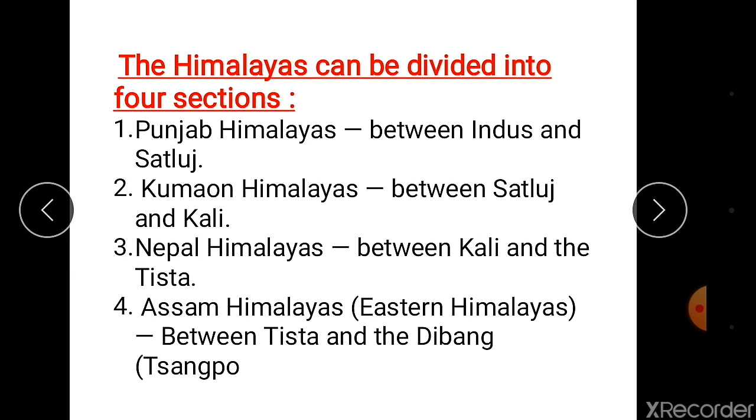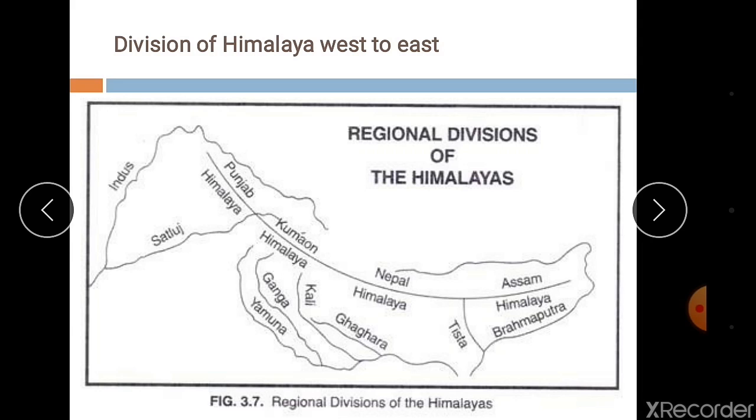The third division, which is called Nepal Himalaya, in between Kali and Tista. And the fourth division, Assam Himalaya, or the Eastern Himalaya, between Tista and Dibang. On this map you can look at the divisions and how the rivers demarcate them.